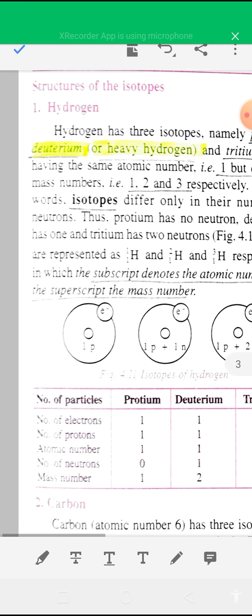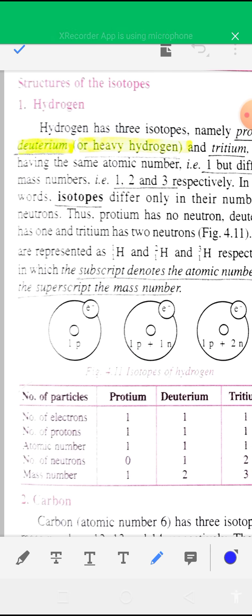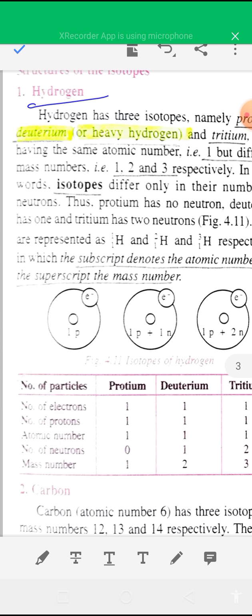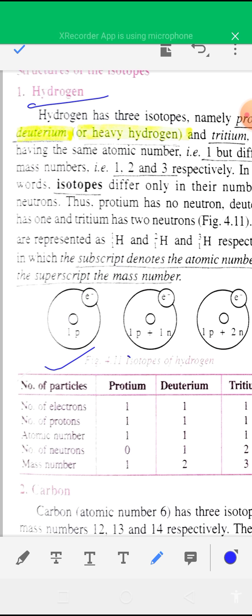Now here the structure of the isotopes of hydrogen is given. There are three isotopes of hydrogen: protium, deuterium and tritium. In protium there is one proton and one electron only. There is no neutron in protium. In deuterium there is one proton, one electron and one neutron.